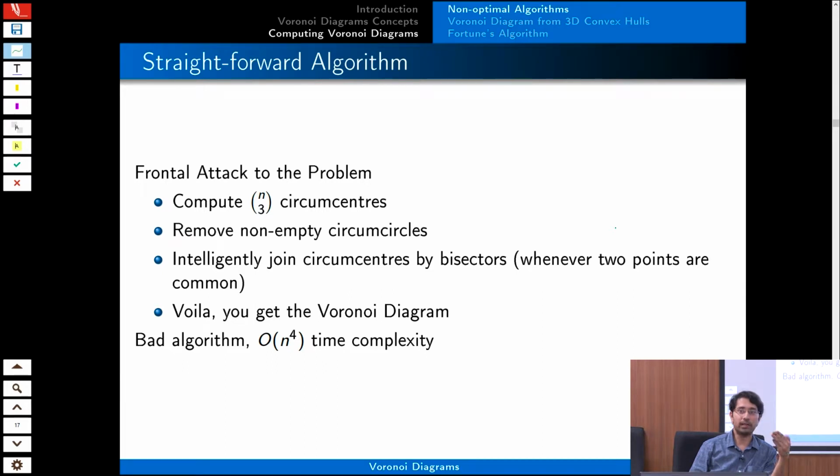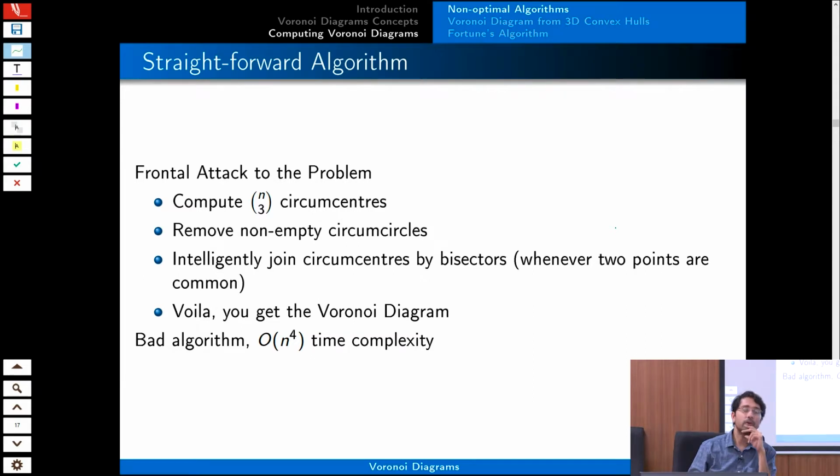So most likely there is no algorithm which is better than n square. Remember the line segment intersection example? If there are n square intersections, we need n square time because we need to report them. So it may so happen that the complexity of the Voronoi diagram is order n to the power 4. Number of vertices, number of edges, altogether there may be n to the power 4. So there is no hope for doing better than that.